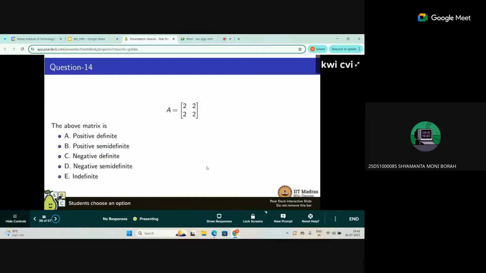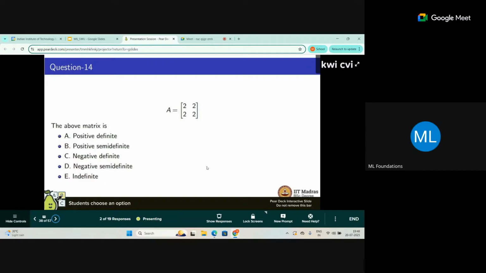Positive semi-definite. Yes, positive semi-definite, right? Because the first determinant is greater than 0 and the entire determinant is equal to 0. You can check this way also: if you find its eigenvalues, they should be greater than or equal to 0. You can see that one of the eigenvalues is going to be 0.